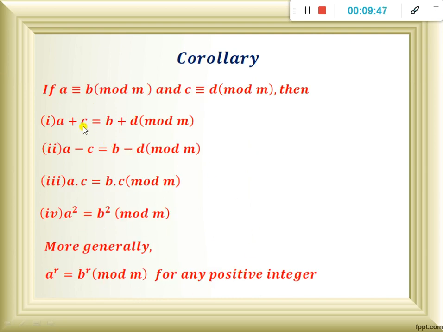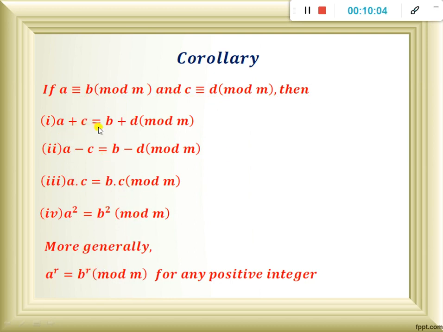So, corollaries. These results are very often used while we are solving problems. You just go through this. If A is congruent to B mod M and C is congruent to D mod M, then the following results are satisfied.